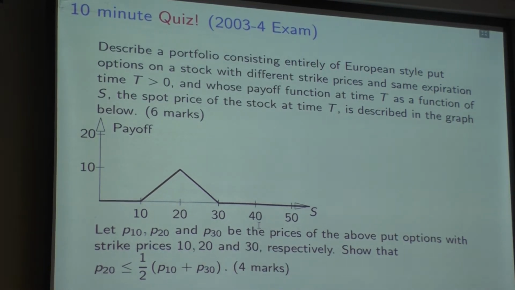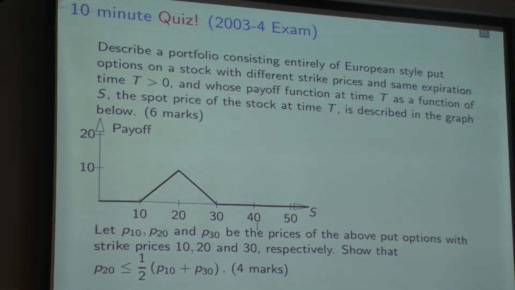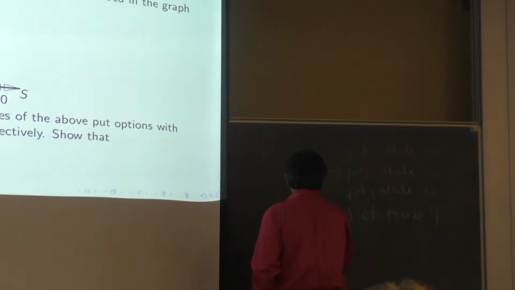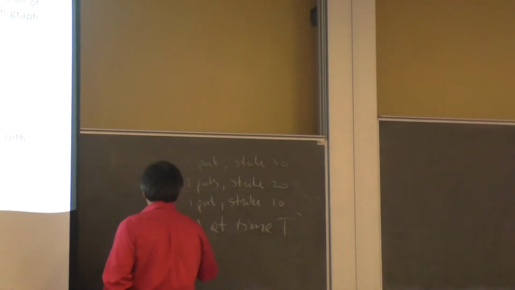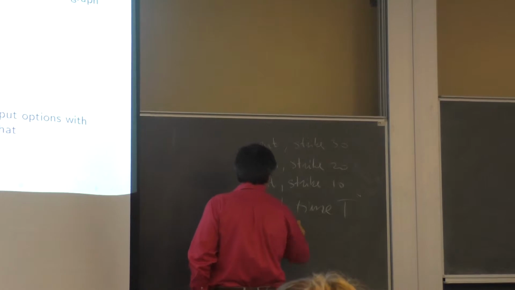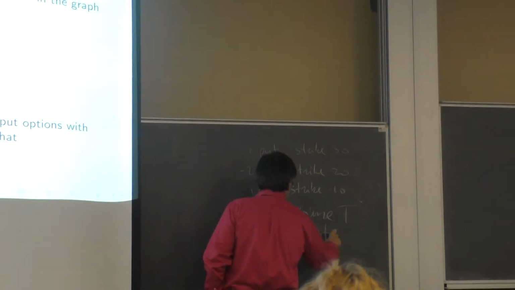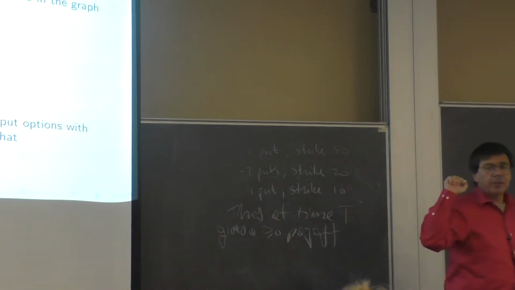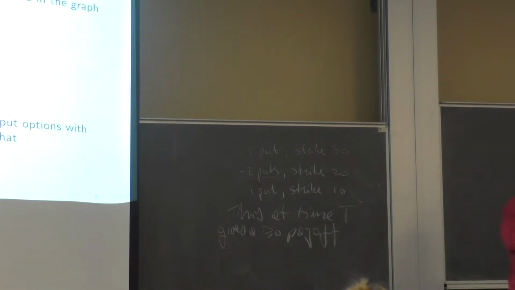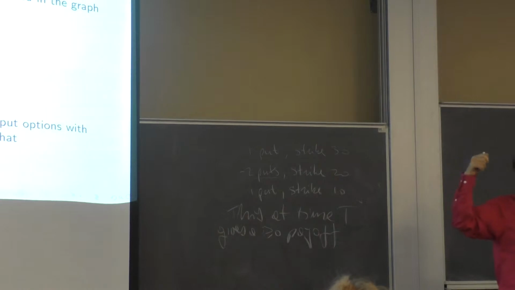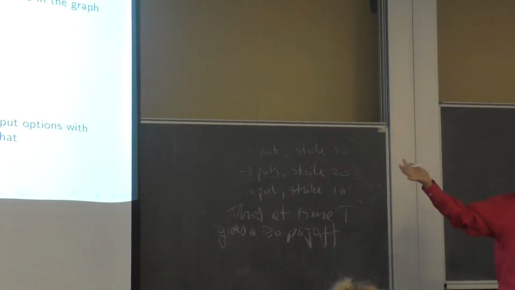This, at time t, which is expiration time, gives a non-negative, that's right, greater or equal to 0 payoff. So at expiration, what do I know about the price of this portfolio? Here's something which, in the worst case scenario, is not going to give me anything.